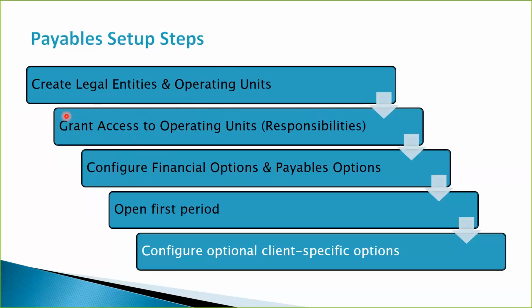We create a responsibility and assign that operating unit to that particular responsibility, and then we give it to a particular user, so then that user can be able to access the subledger data for that particular operating unit.